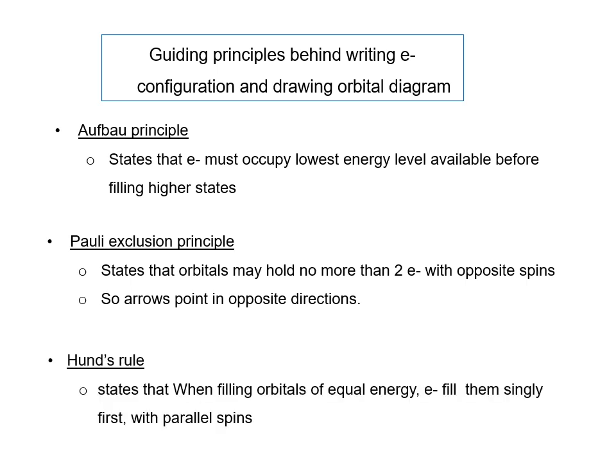And then the third rule is called Hund's rule. Hund's rule states that when we're filling orbitals of equal energy, the electrons fill them singly first with parallel spins. So this refers to, for example, the 3p orbitals that we have. Remember we said there's a px, a py, and a pz that are all degenerate, meaning they have the same energy.